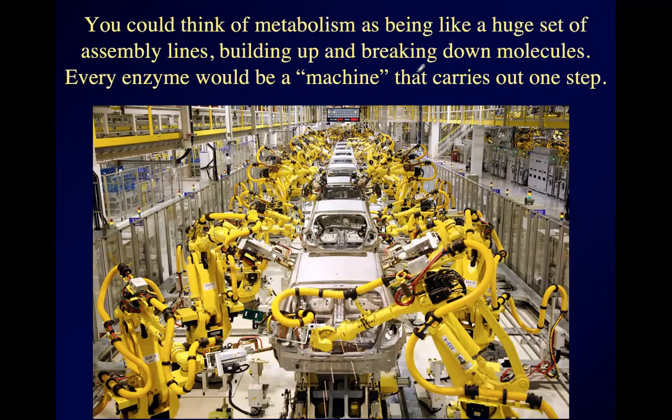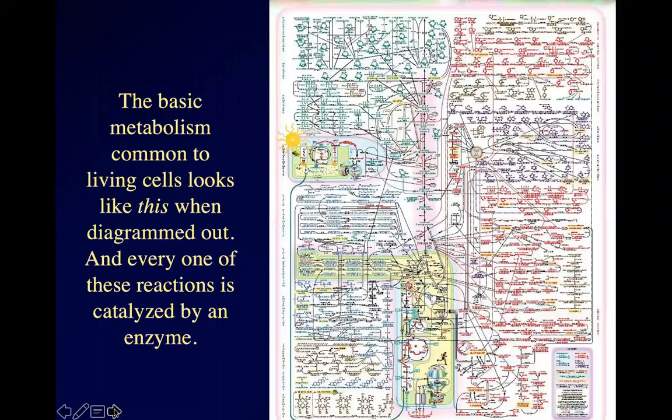Enzymes work a lot like this. Every enzyme is a robot, a machine that carries out one step in the assembly. And the assembly line of your entire metabolism, if you diagram it out, looks like this. And I hope you're getting all this down. I'm kidding. Don't even try to get this all down.